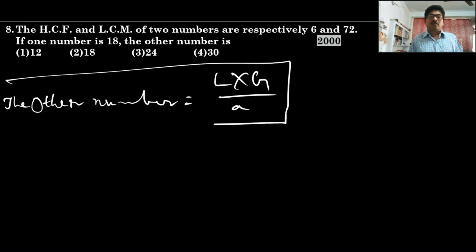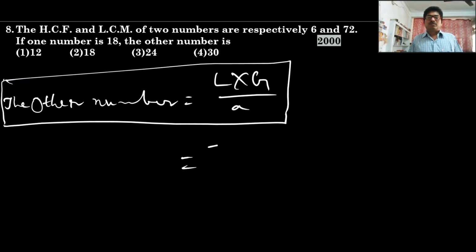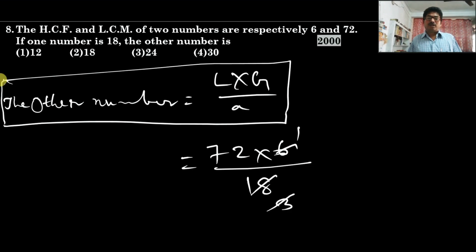So this is the formula. LCM 72, HCF 6, by one number 18. 6 ones are 6, 3 ones are 3, 3 eights are 24. Option 3.